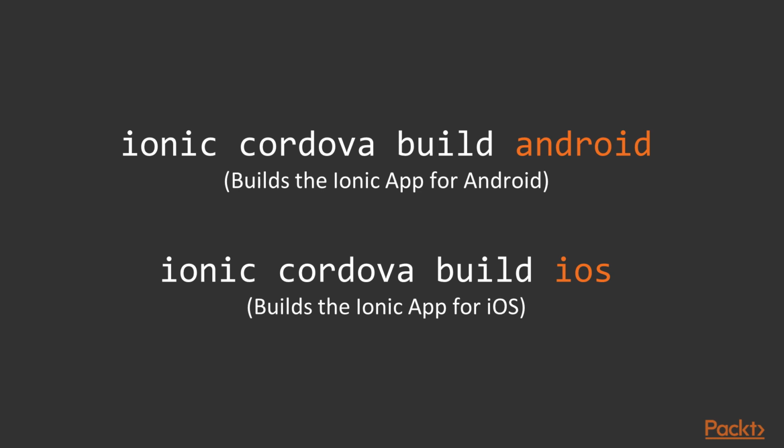Once you have built the application for either platform, the last step is to run the application. To do that, the command is ionic cordova run followed by the name of the platform, which can be android or ios. For Android this works, but for iOS it gets a little trickier. Let's have a look at how to achieve this for Android first, and then we'll move on to iOS.